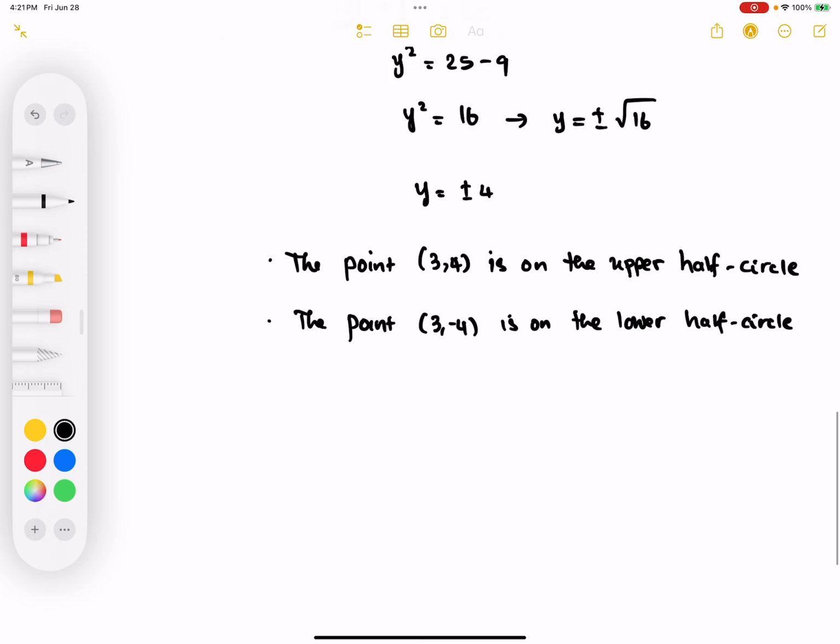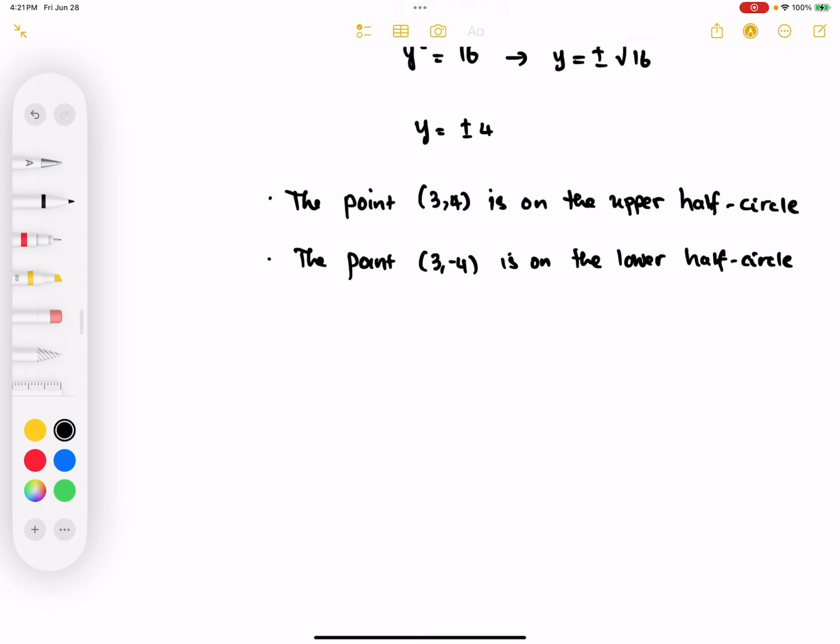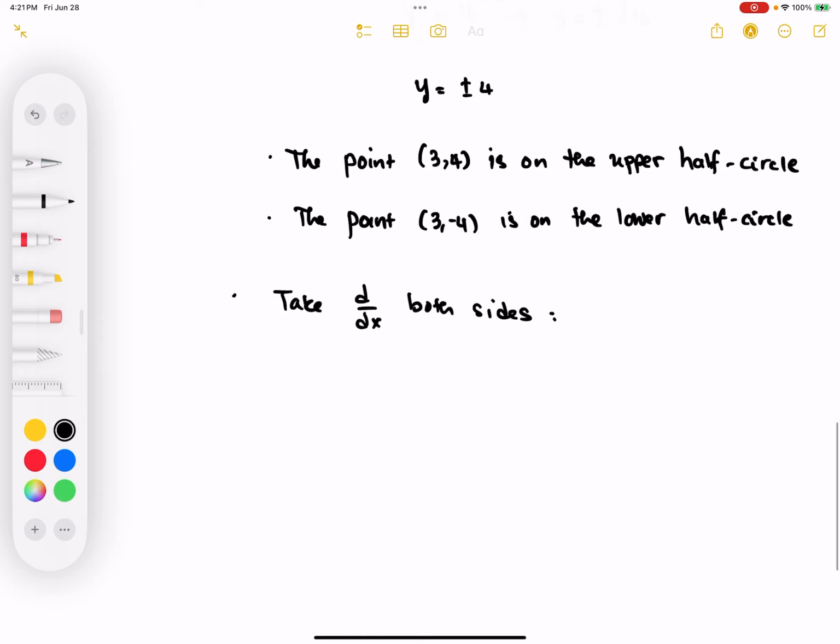Now, how do we get the derivative y prime? In this case, take d by dx of both sides of the equation, and apply the chain rule. In our case, d by dx of x squared plus y squared equals d by dx of 25.